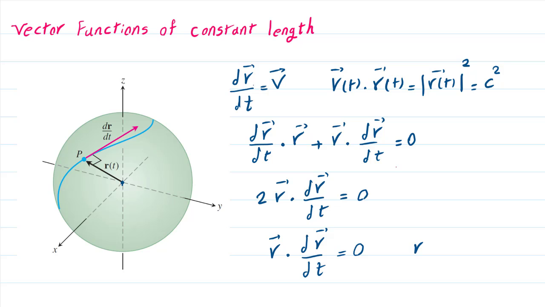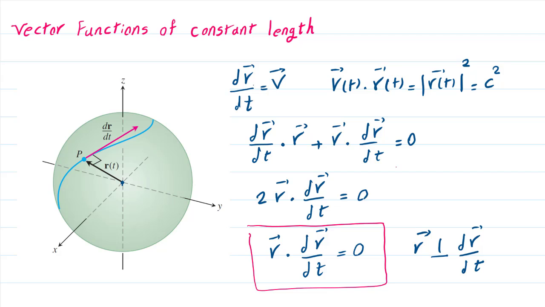That means r is orthogonal to the derivative of r with respect to the t. Therefore, if r is a differentiable vector function of t of constant length, always we have r dot derivative r with respect to the t is equal to the 0.